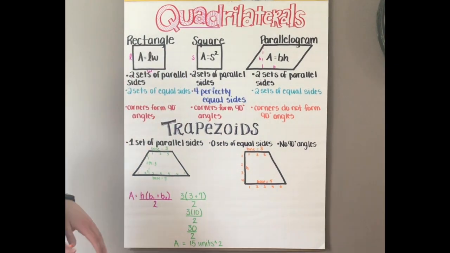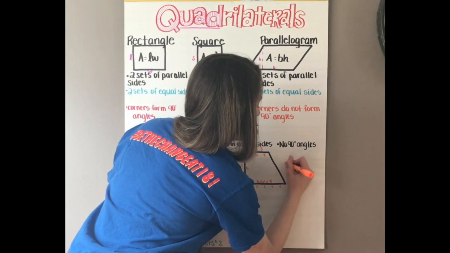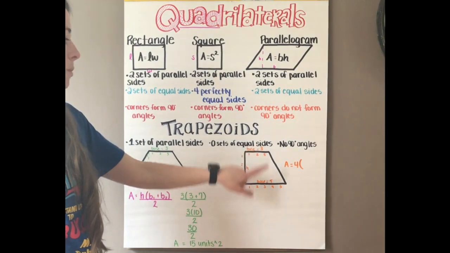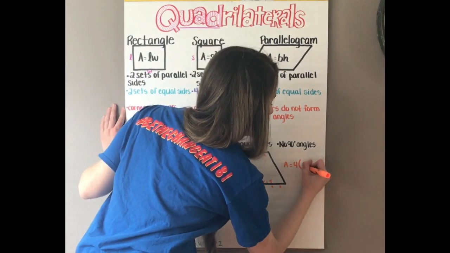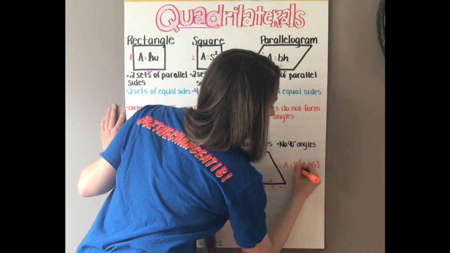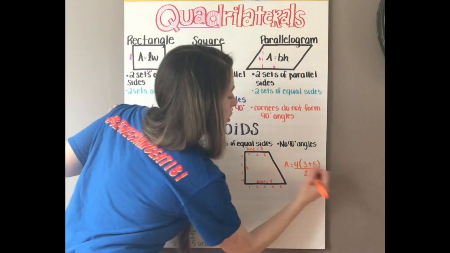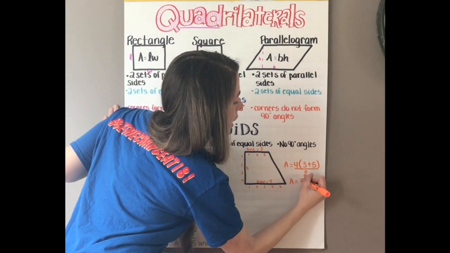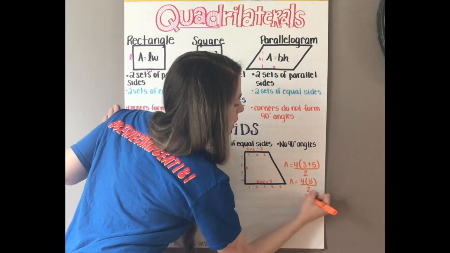So now we're going to substitute in what we know. Our height, which is 4, needs to be multiplied by the sum of our bases, which is 3 and 5. And then that whole thing is going to be divided by 2. First we're going to do the parentheses, which is adding 3 and 5, which is 8. So now it's 4 times 8 divided by 2.